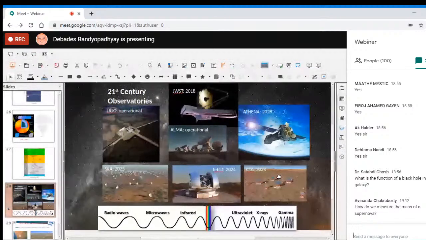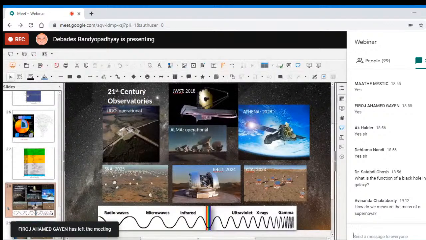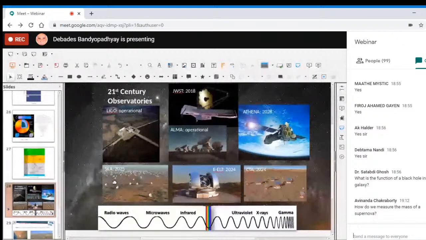But one thing I should mention is the Square Kilometer Array, in which India is involved in a very big way. It will be the most powerful radio telescope in the universe when it is operational, in the later part of this decade.